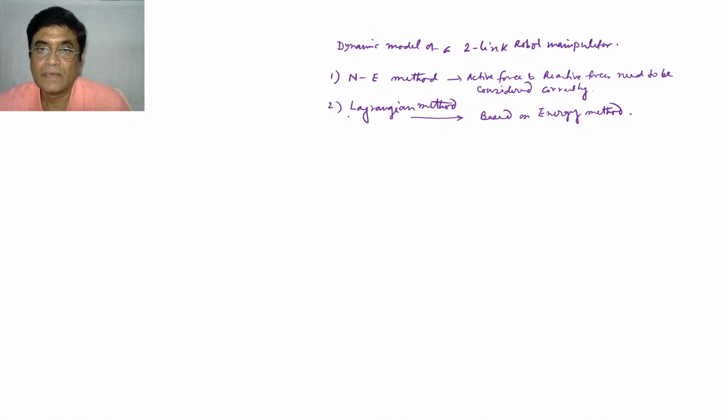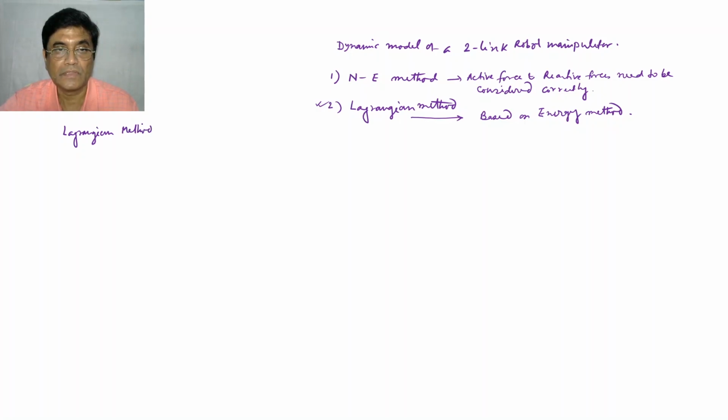However, since it is straightforward, and today we have computational muscle power, we will study the Lagrangian method and exploit it to derive the dynamic equation for a two-link robot manipulator.